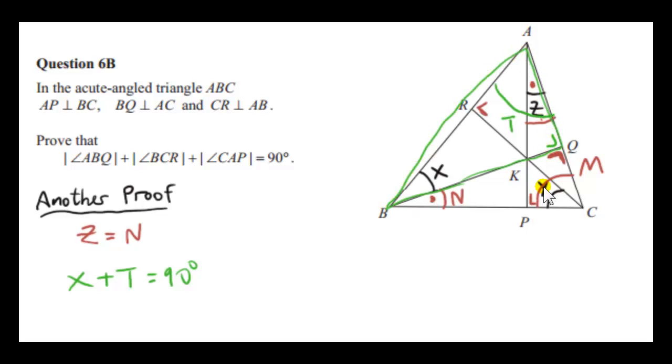This angle is 90 degrees, so these two corners must sum to 90. You can write in a reason, which I didn't do for the previous ones, but if you want to, you can point out that this angle is 90 degrees and we are working in this triangle.